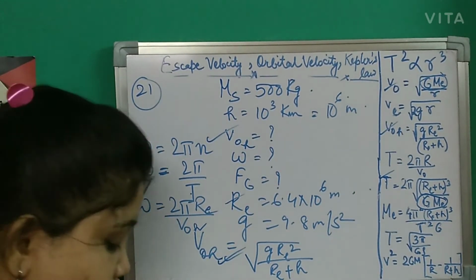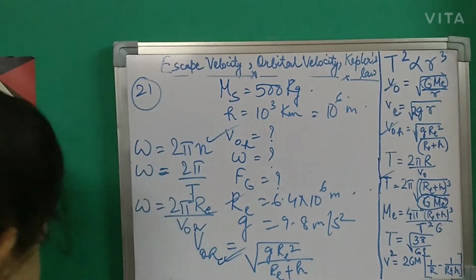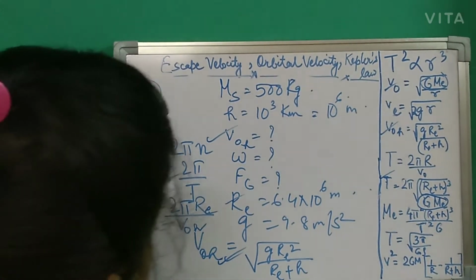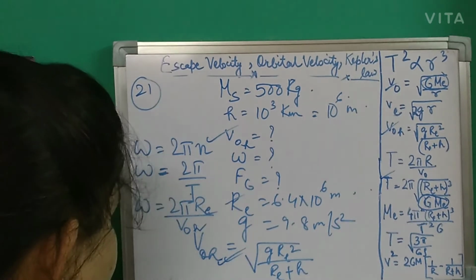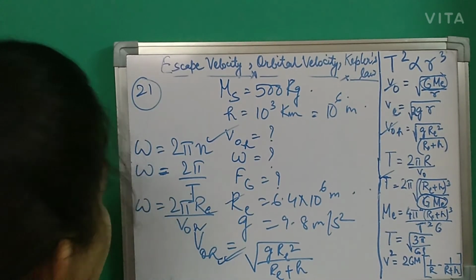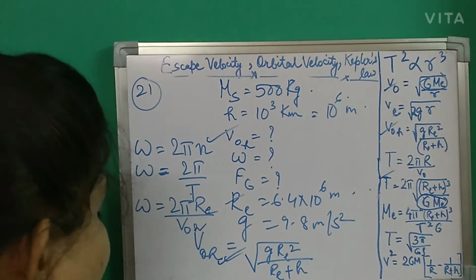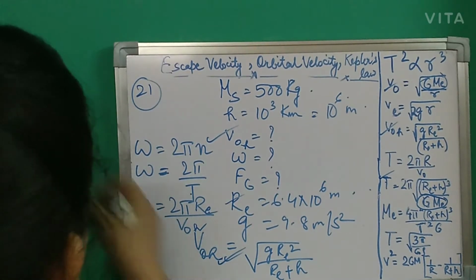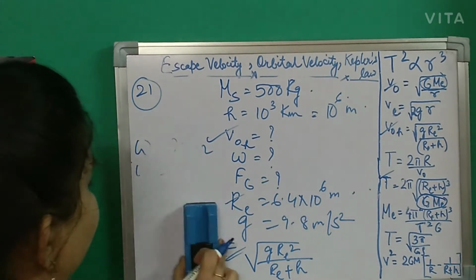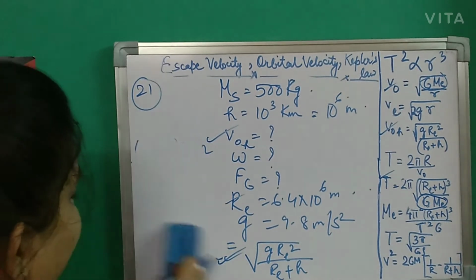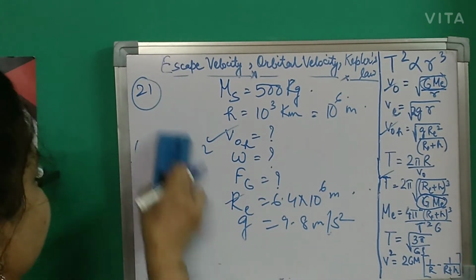Okay, students, so we are done with this part. The next part is the force of gravity, the gravitational force on the satellite. Obviously we'll use the force of gravity formula over here. What is the formula? We have done Newton's universal law of gravitation.